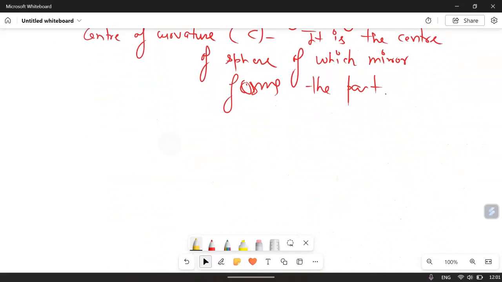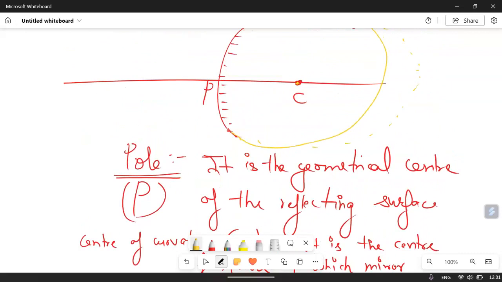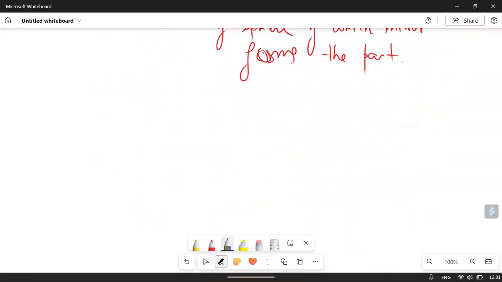Now we are going to talk about radius of curvature. So what is radius of curvature? This will become the radius of the sphere, so it is called radius of curvature.